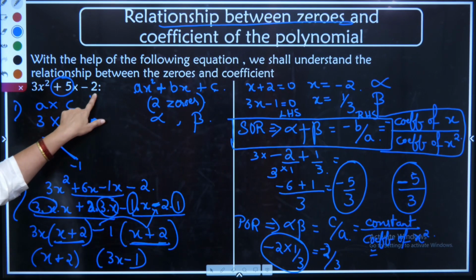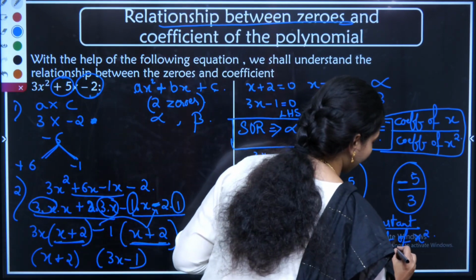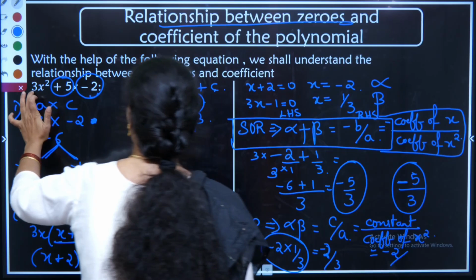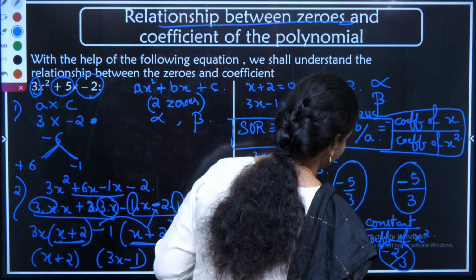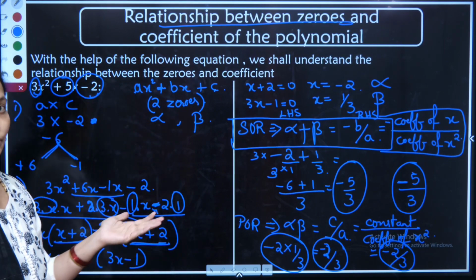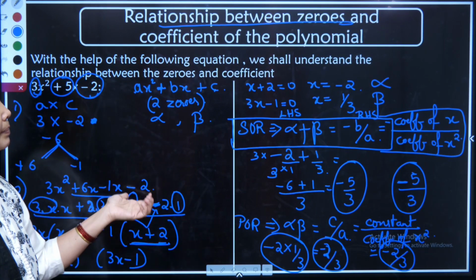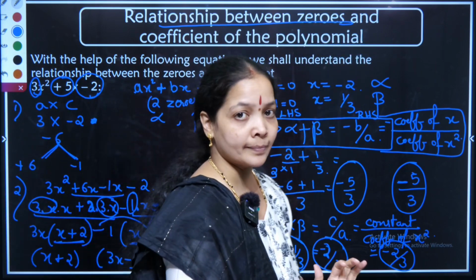C is negative 2 here. So I'll substitute c value as negative 2, and what is a? A is positive 3. So I am getting the exact LHS and RHS equal to each other. Therefore, we have verified the equation with respect to the relationship between the zeros.